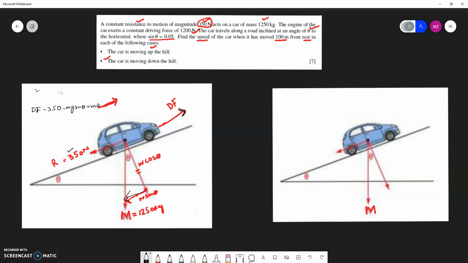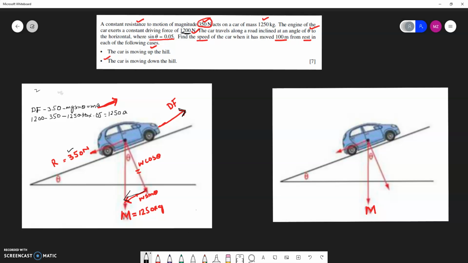The driving force is 1200 newtons, so this is 1200 minus 350 minus m, which is 1250, times g, which is 10, times sine theta, which is 0.05, and this is equal to m, 1250, times a, which is unknown.